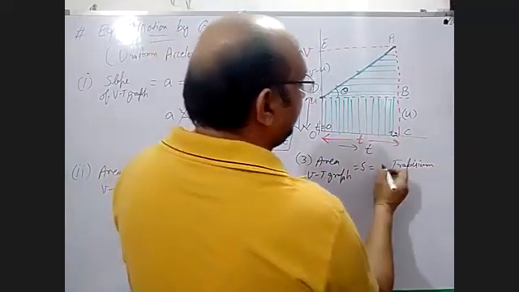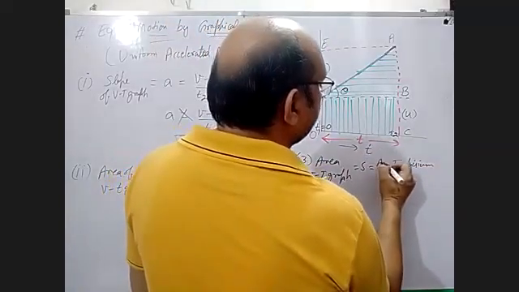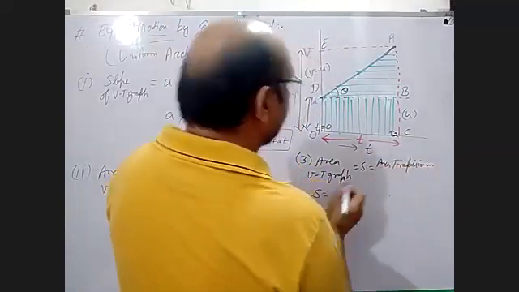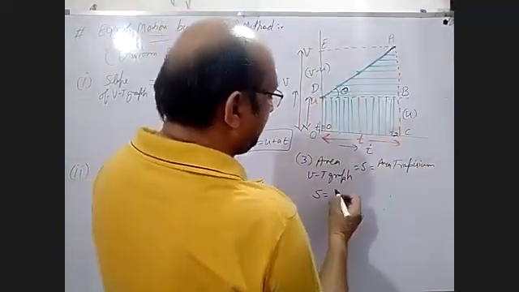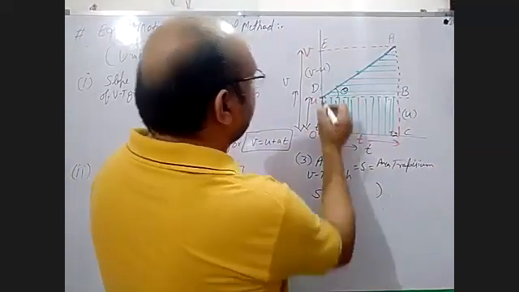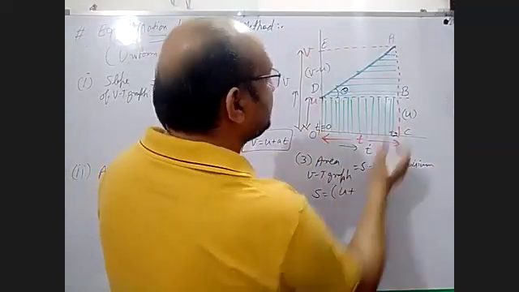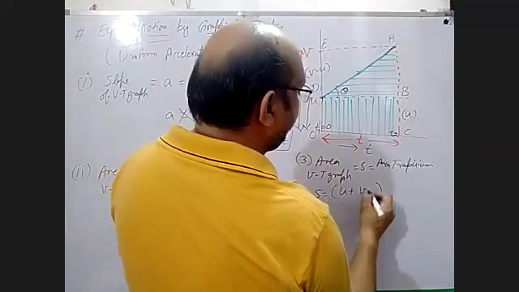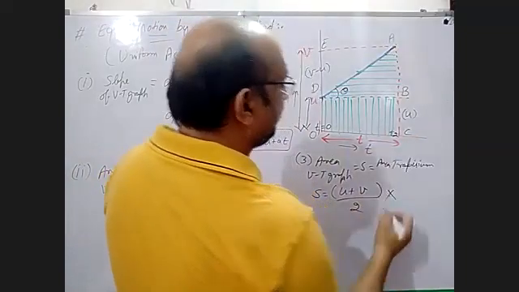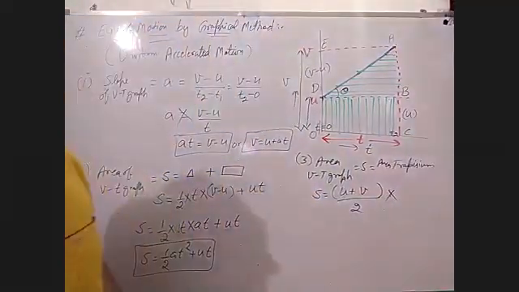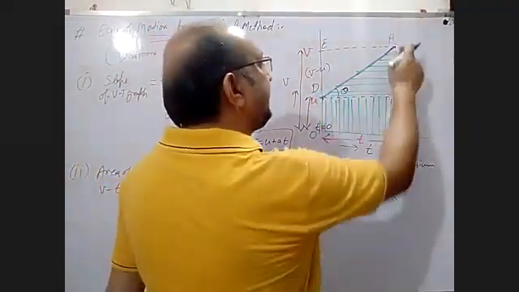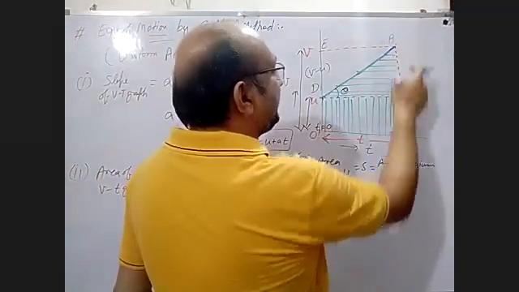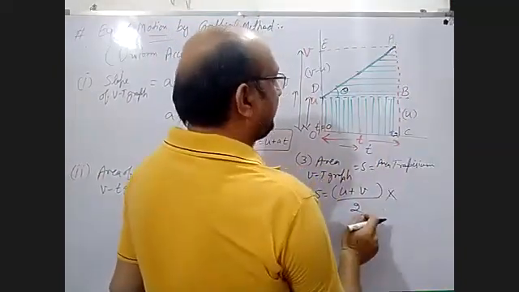Now, how can you take this area? S is equal to half of the sum of parallel sides. These are the parallel sides, U plus V, and we have to take their sum, and after that half of it.